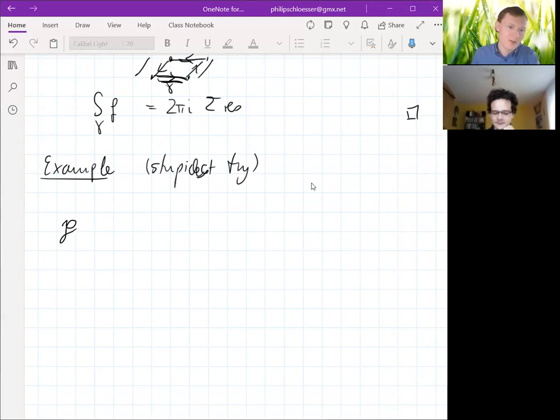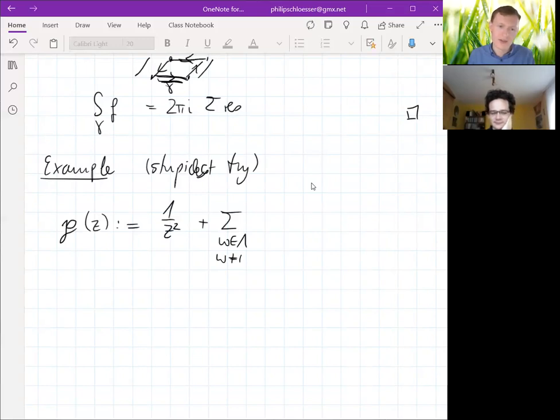I'm going to call it P for no reason whatsoever. And we define it to be 1 over z squared. So we have a double pole at 0. And, well, okay, we need it to be doubly periodic. So let's just sum over all the lattice sites.